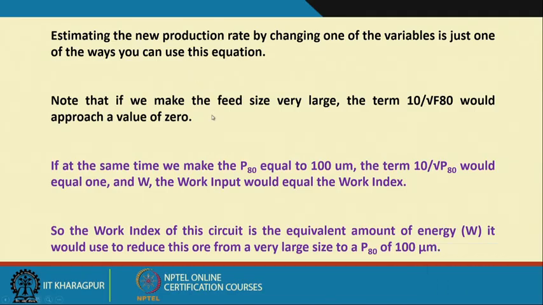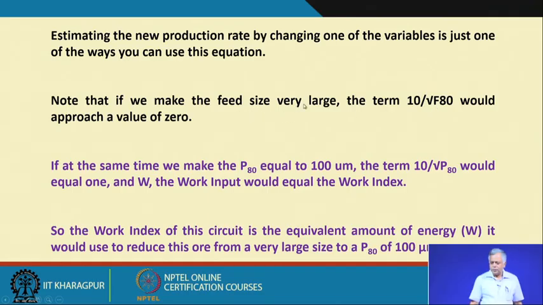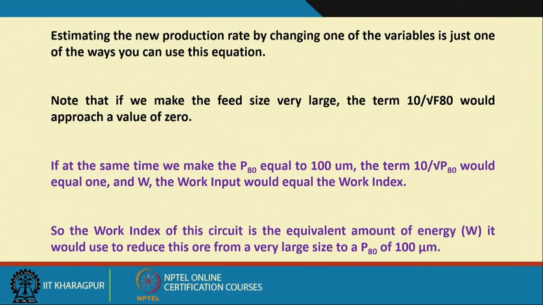See that if we have this 10 by root F80, if your feed size is very large, so what will happen? It would approach a value of 0, because your F80 could be very large in relation to 10. So, it is 0.00000 like that. So, it would approach a value of 0.